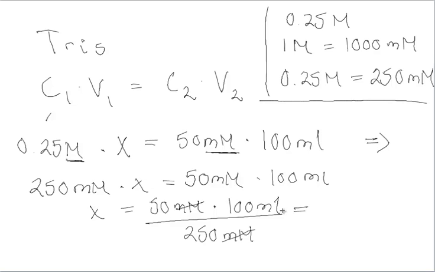So now the unit, as you see, will be in milliliter, and you wanted to know what V1 will be, which is a volume, and it will be 5000 divided by 250, which equals 20 milliliter. So you will have to take 20 milliliter tris for your buffer.